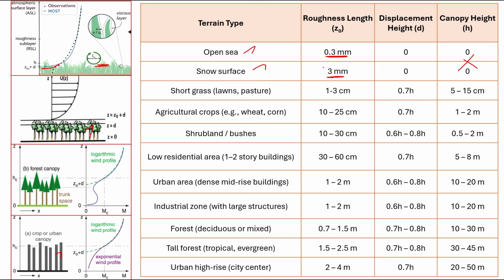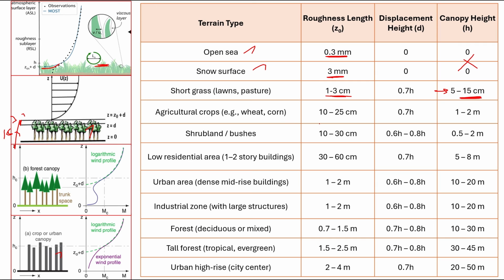3 mm is very small, but for grass the overall canopy height is from 5 to 15 centimeters, like a half-foot scale, and the Z0 height is 1 to 3 centimeters. If this is 15 centimeters, this will be just 3 centimeters.